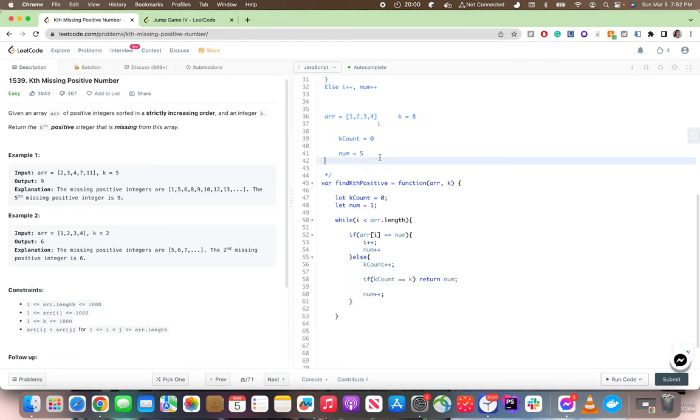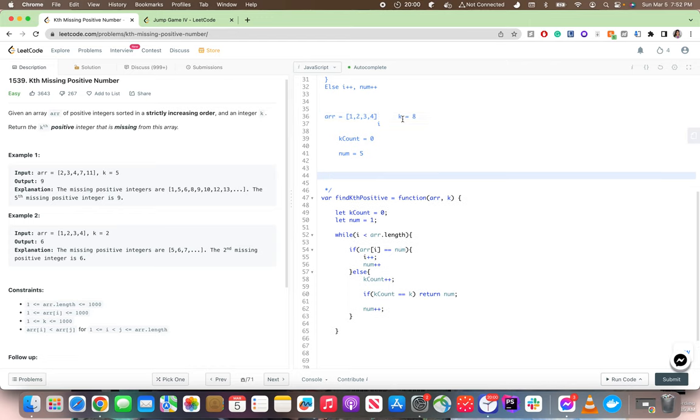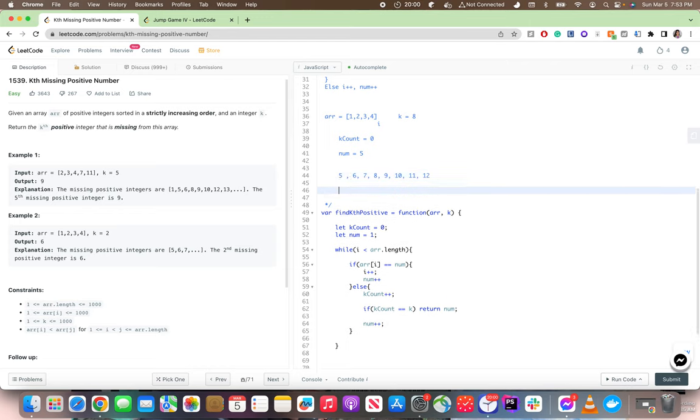So what would be the answer in this case? The answer would be 5 6 7 8 9 10 11 12. The answer would be 12, right? So I think the answer would be like 4 plus 8. 4 plus 8, 8 9 10 11 12, yeah.